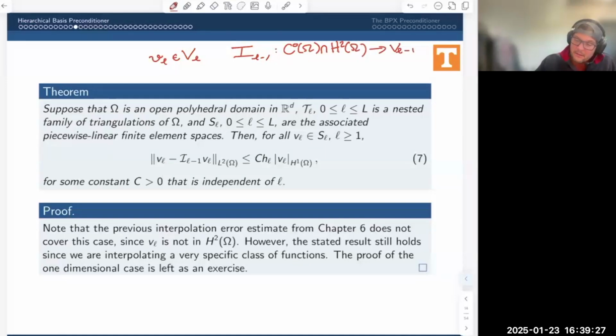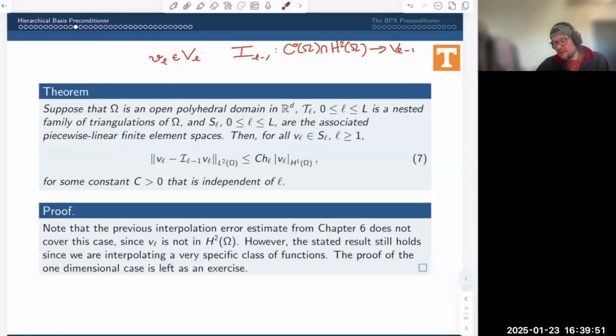And then when I apply the error estimate for this guy, it's going to involve the H2 seminorm for that original function. The problem is the H2 seminorm for a function v_h is not defined, because this function is a finite element function, and the H2 norm requires enough smoothness to calculate the H2 seminorm.